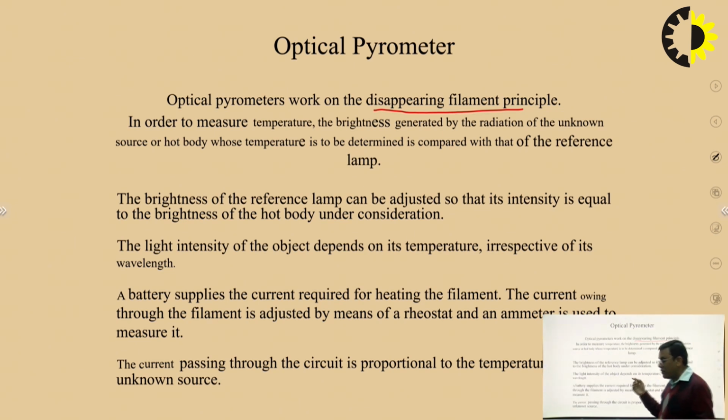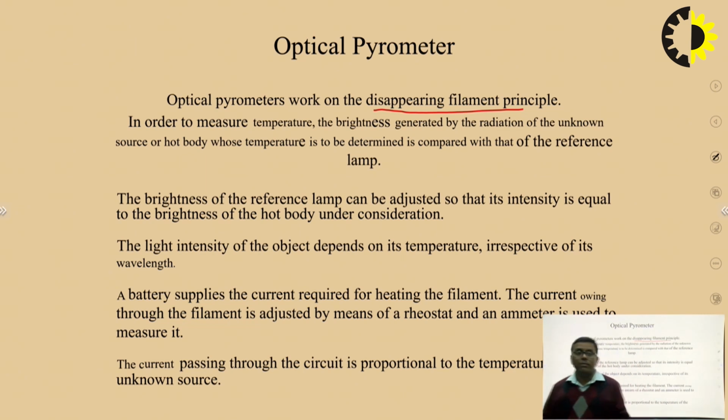We know as the temperature of any element or filament changes, it generates heat, and along with that, it also emits some amount of light. The light intensity of the object depends on the temperature. How much light is emitted from any hot surface is a function of temperature.